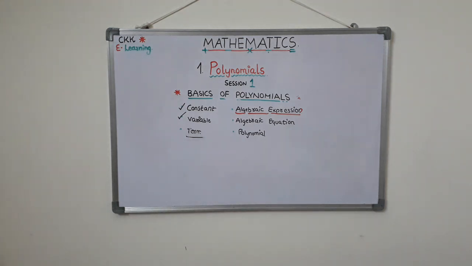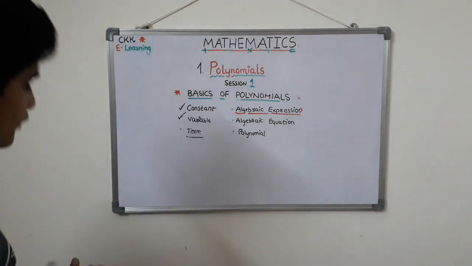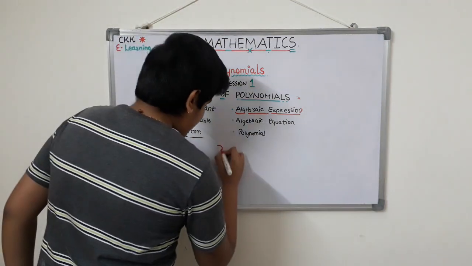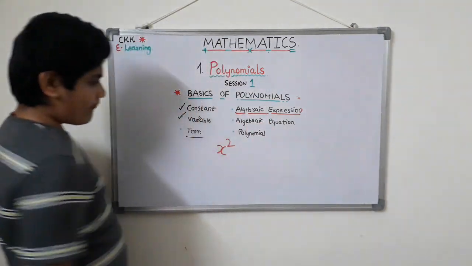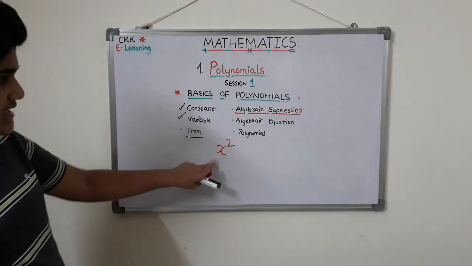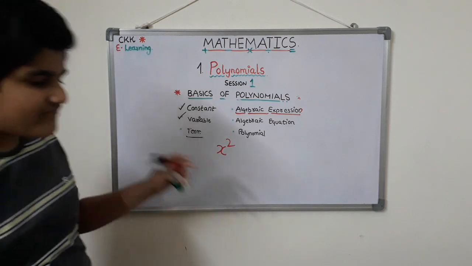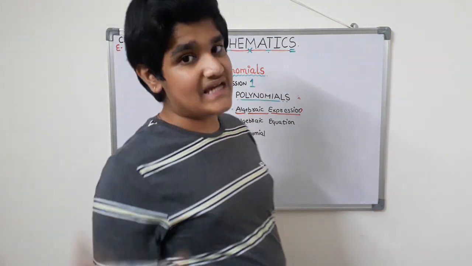What is the meaning of polynomial? Before understanding polynomial, let me explain one more important thing related to it. x square. See this carefully. x is raised to the power of 2. This you have learnt in the chapter exponents and powers.